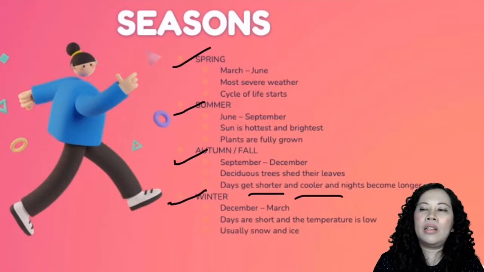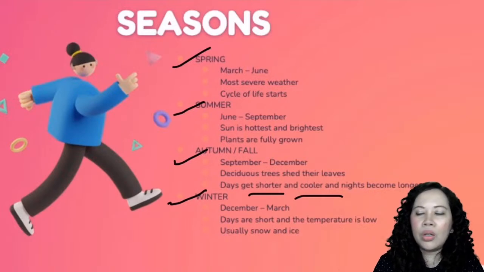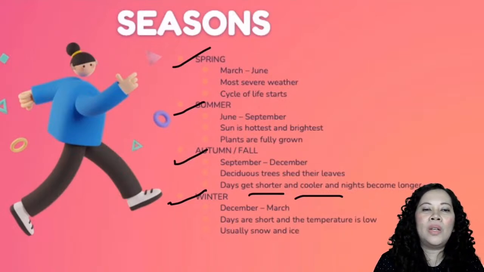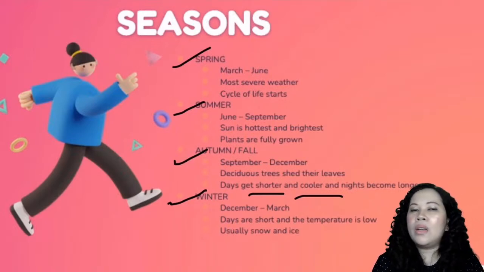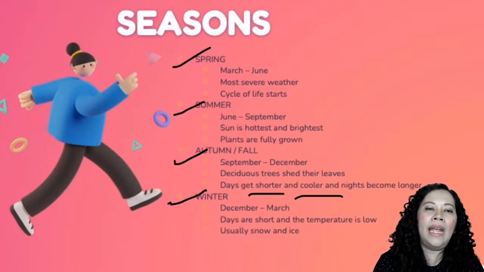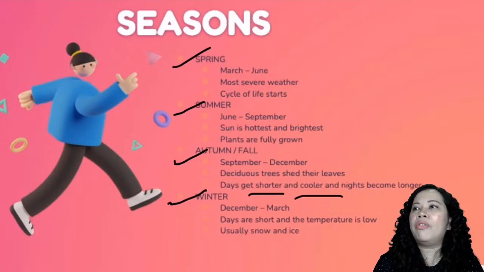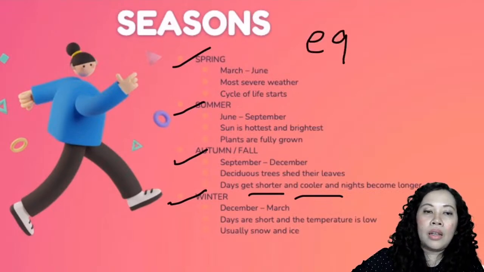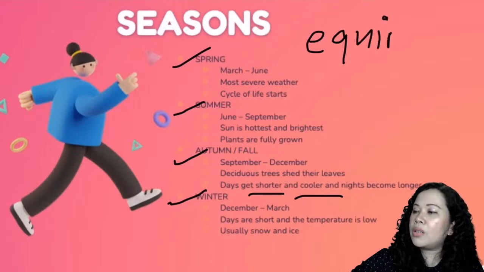There are some countries that will be having longer winter, or probably a very bad winter season. So it depends. Okay, so that means you have winter, spring, summer, and fall. So fall and your spring, we have equinox. We call that equinox.